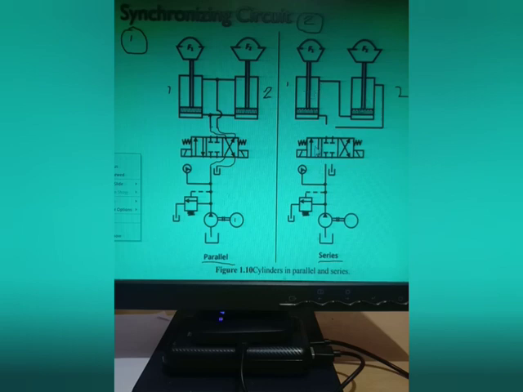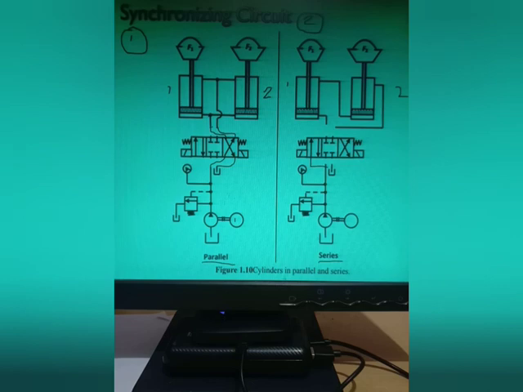Now what happens? Suppose I operate the direction control valve to position number 1. So suppose this is position number 1. What will happen in this case? In this case, the pump will be connected to this end, and suppose this is connected to the A end. So the pump will be connected to the A end. From here, what will happen?